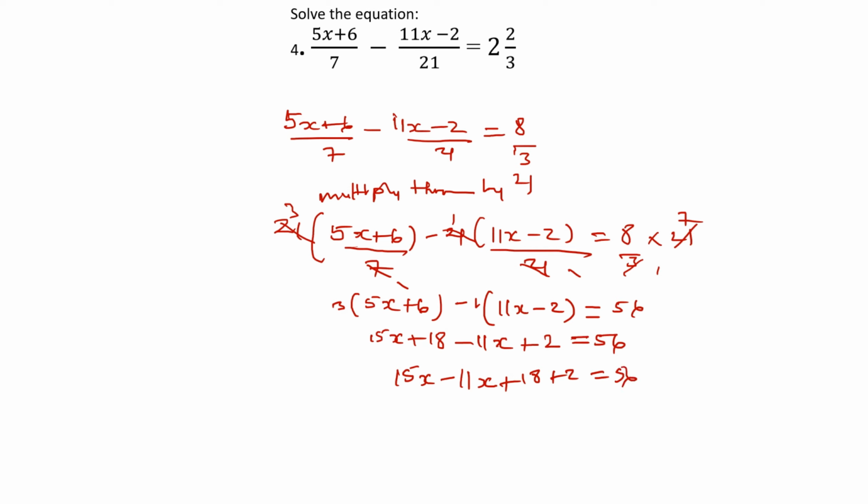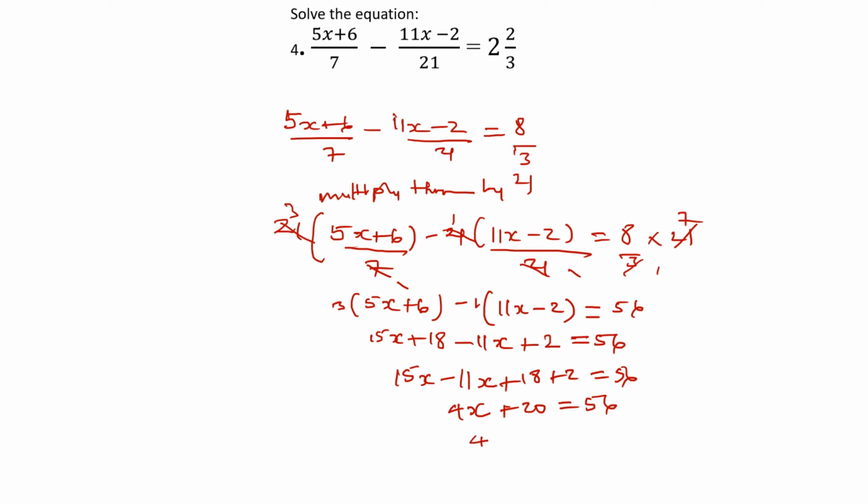The 11x is not crossing the equal to sign, so we bring them together, the 15x and 11x. So here we subtract, 15x minus 11x is 4x plus 20 is equal to 56.